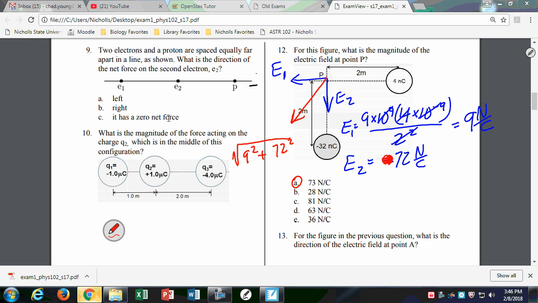And then if you want to know the direction, this angle theta is going to be the inverse tan of opposite over adjacent. That's 72 over 9. And whatever that angle is, below the negative x-axis.